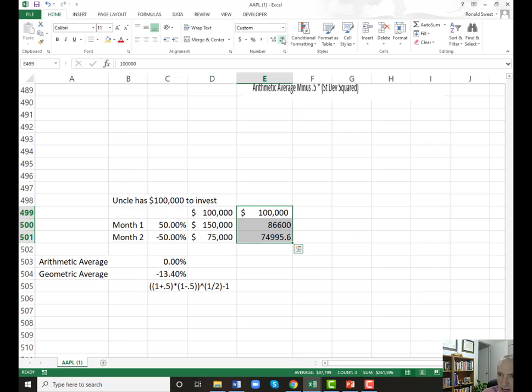If we do that, we get really close, not quite $75,000. If we'd actually referenced the cell, instead of just using the rounded number, we would have gotten exactly the answer. So instead of using the rounded number, I'm going to actually reference it.